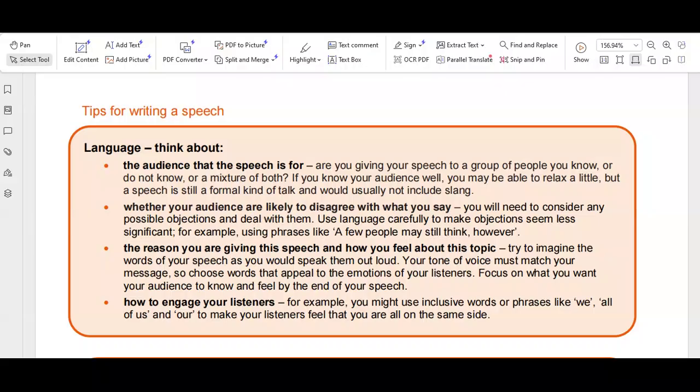So you need to be vigilant in the choice of words which are going to appeal to the emotions of your listener. In simple words, you are going to use emotional appeal and emotional vocabulary. If you want your listener to agree with your stance, and if you want your listener to do something, then you need to persuade them by using some wise words so that they ultimately get the message. Okay, yes, this is what we have to do.